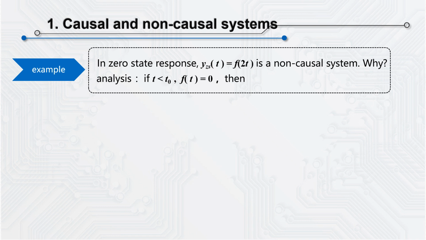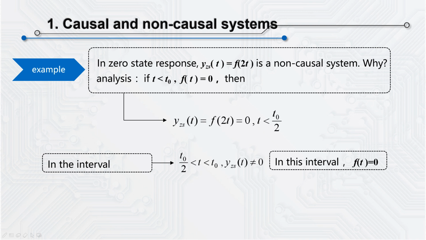Let's look at another example. In the zero-state response, y_zs(t) = f(2t) is a non-causal system. Why? Let's analyze. If t is less than t0, f(t) is equal to 0, then y_zs(t) = f(2t) is equal to 0 when t is less than t0 over 2.